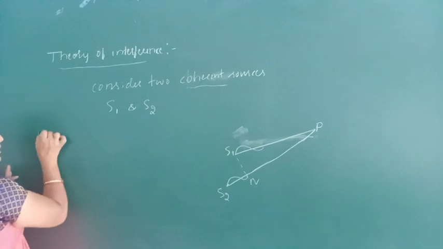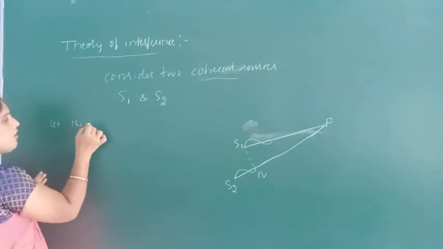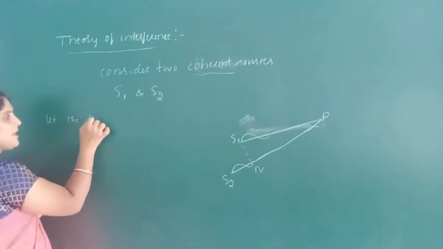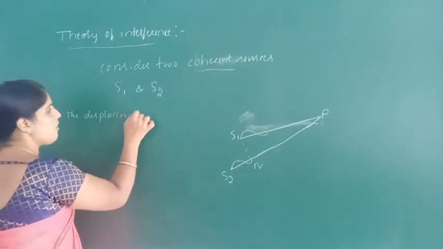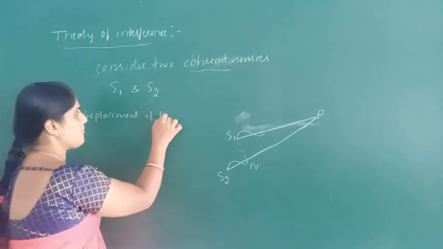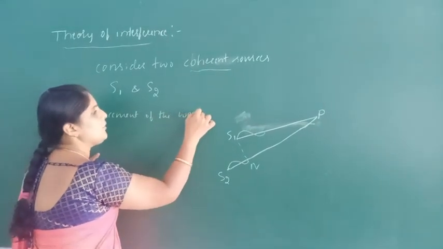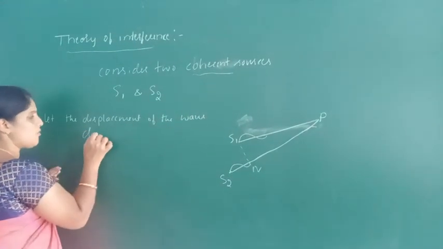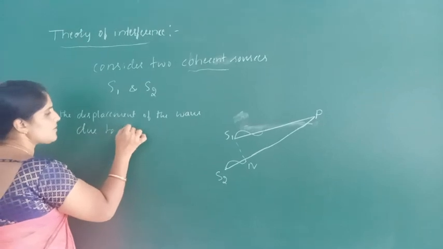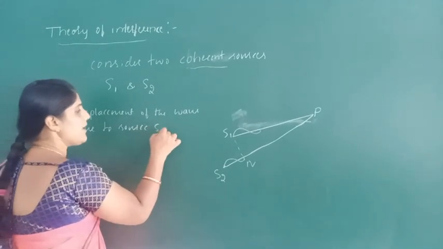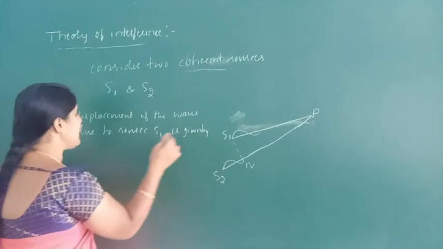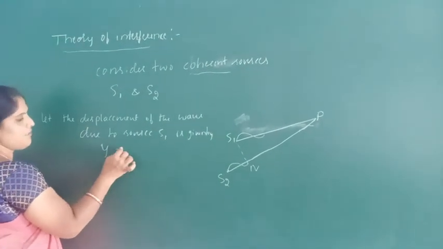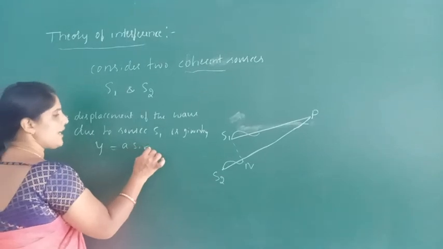Let the displacement of the first wave due to source S1 be given by y equal to a sin omega t. Usually displacement is given by y equals a sin omega t.